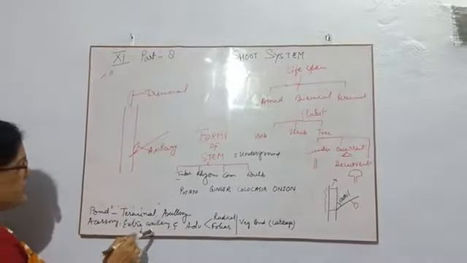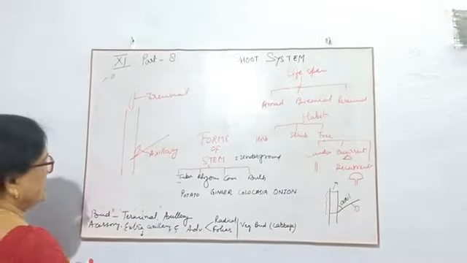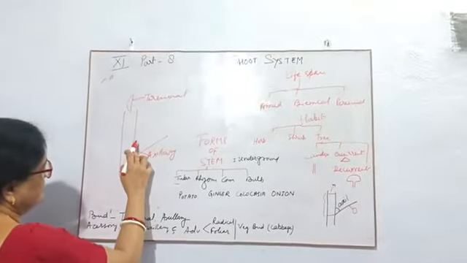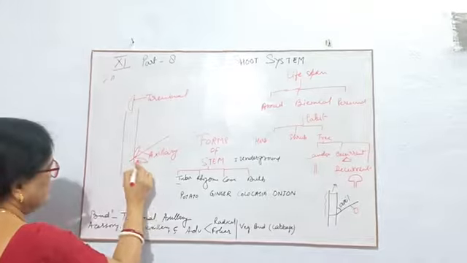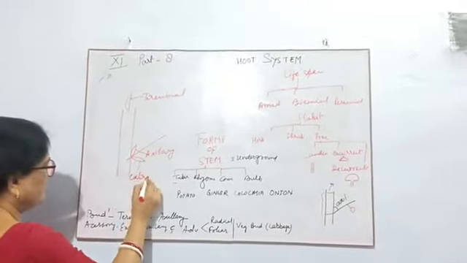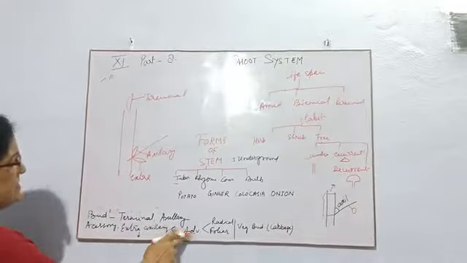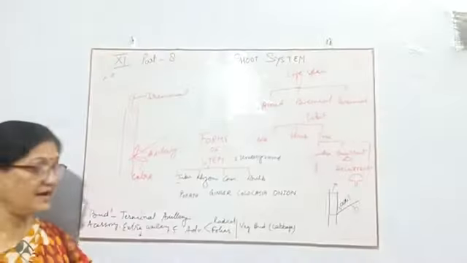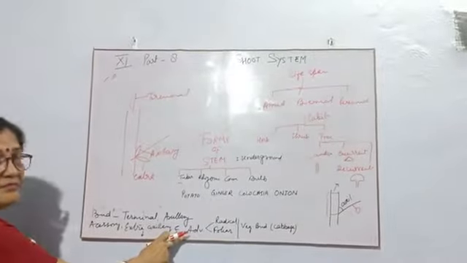Then next to it, extra axillary. Extra axillary means it does not develop in the axil, it develops outside of it. This is extra axillary. And lastly, some stems have adventitious buds.